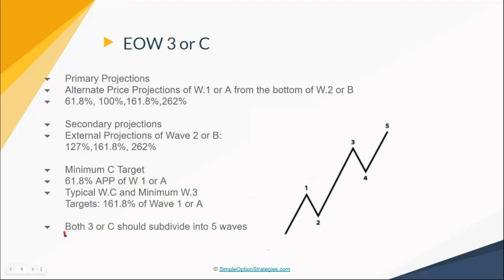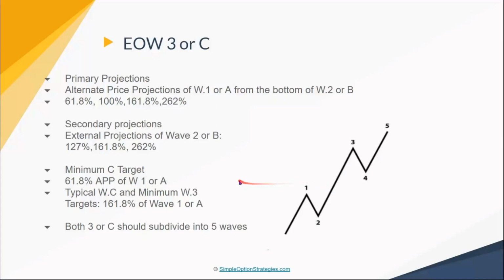And both 3 and C, let's say this is an A and this is a B, both C and 3 will subdivide into 5 waves. I know that's a little much, but does everybody get the basic concept of that? And I'll show you some on a chart once we get to this slide right here.